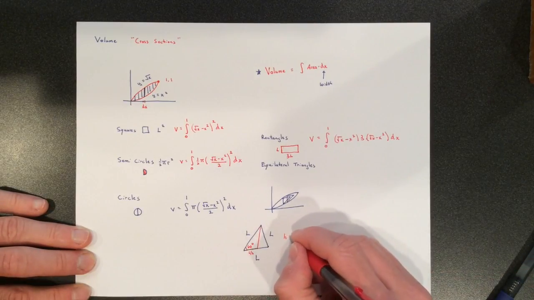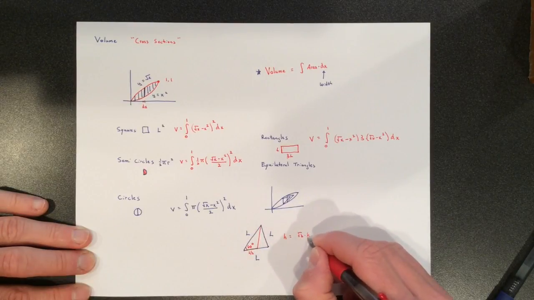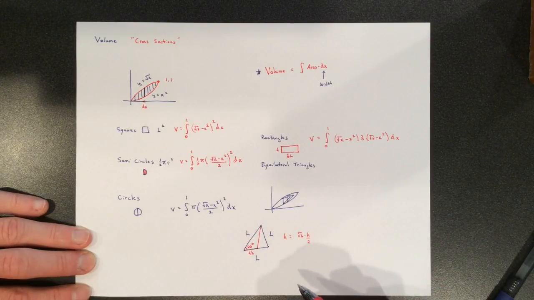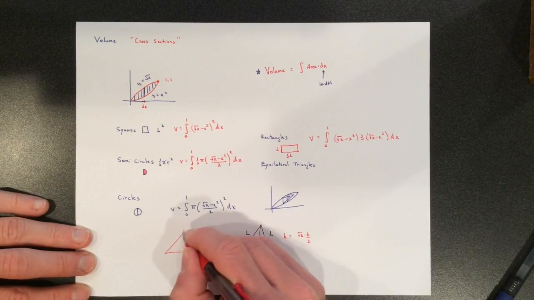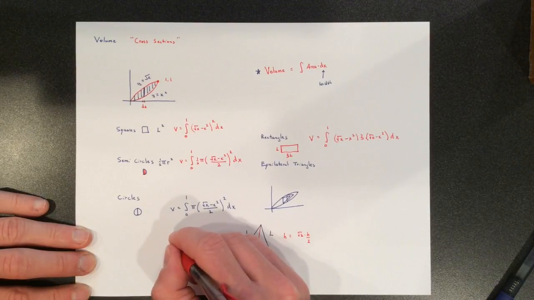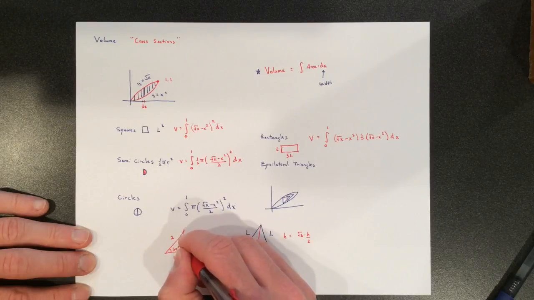So the height of this triangle is the square root of 3 times L over 2. I'm just using the fact that I know a 30, 60, 90 triangle. Right? We know a 30, 60, 90 triangle is 1, square root of 3, 2, if this is 60 degrees and this is 30 degrees.